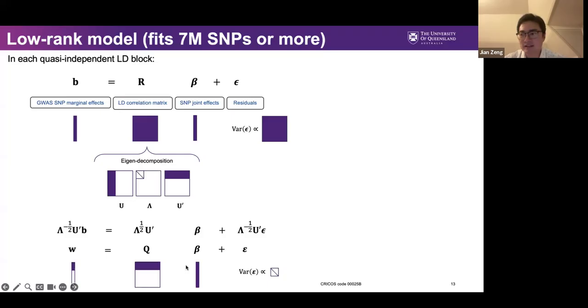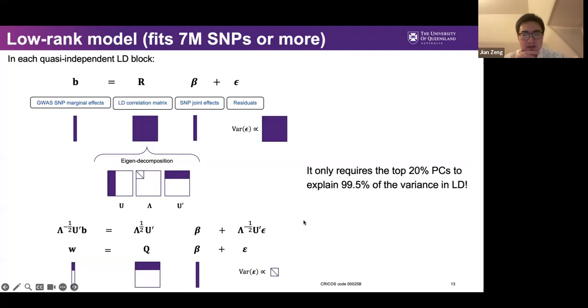Essentially, what this model says is that we only use the principal components of the LD matrix, and by doing that, it collapses the mutually dependent marginal effects into subsets that are independent of each other. So in the residual, we have this diagonal structure for the residual variance.